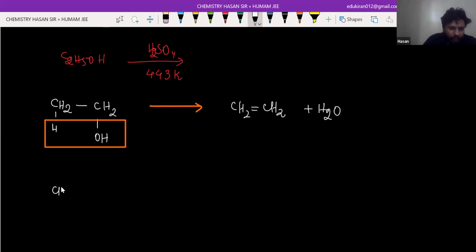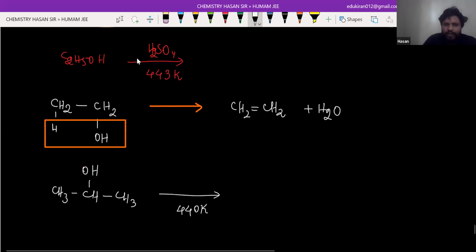So if you have secondary alcohol like this, you need to apply less temperature, like 440 Kelvin, and the concentrated H2SO4 is not necessary. If you use 85% H2SO4 or 85% H3PO4, you can get the same result.